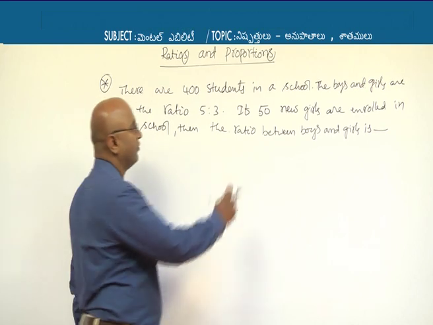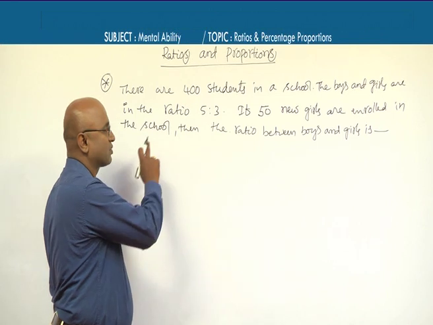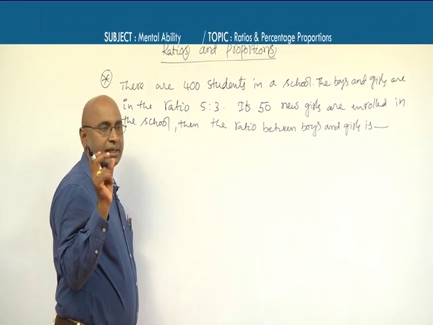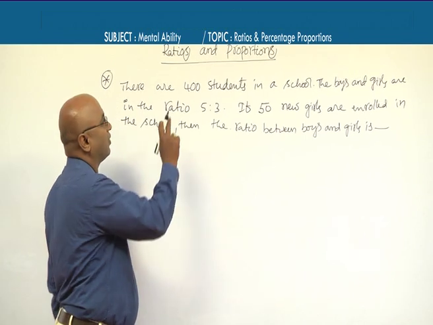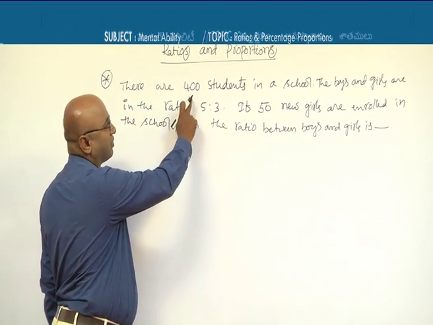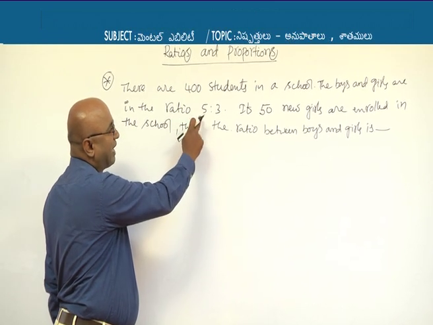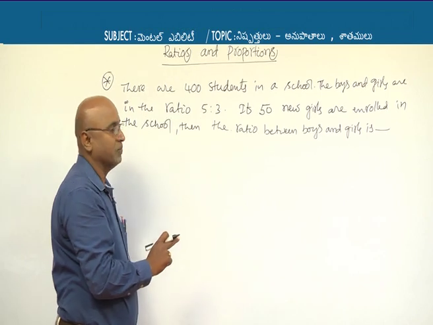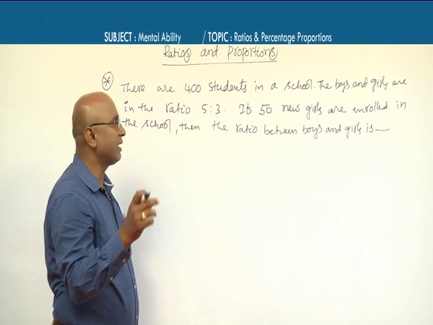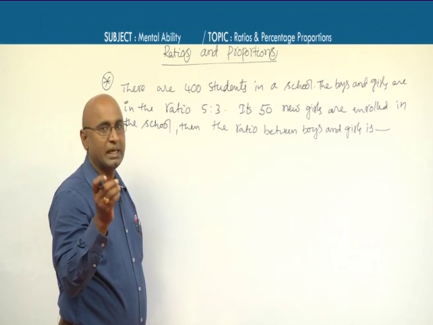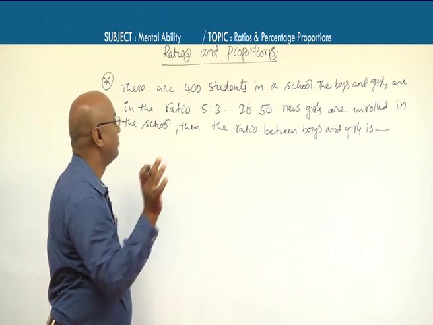If 50 new girls are enrolled in the school, then the ratio between boys and girls is? ఒక పాఠశాలలో 400 మంది విద్యార్థులు ఉన్నారు. ఆ విద్యార్థులలో బాలురు మరియు బాలికల నిష్పత్తి 5:3. ఆ పాఠశాలలో మరలా కనుక ఒక 50 మంది బాలికలు చేరినట్లయితే వారి మధ్య ఉన్న నిష్పత్తి ఎట్లా ఉంటుంది అంటున్నారు.